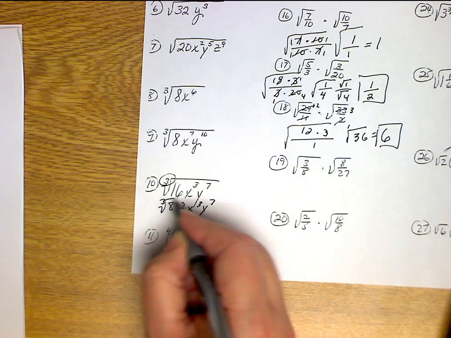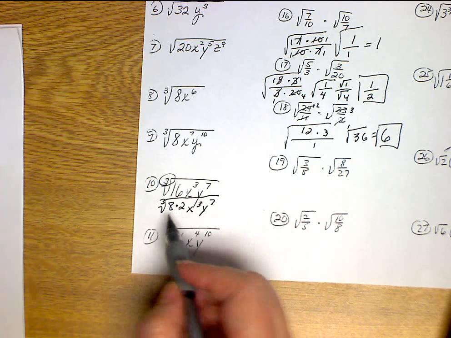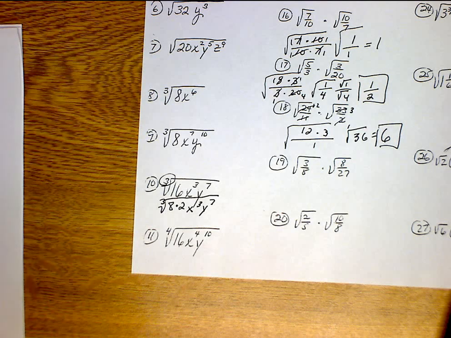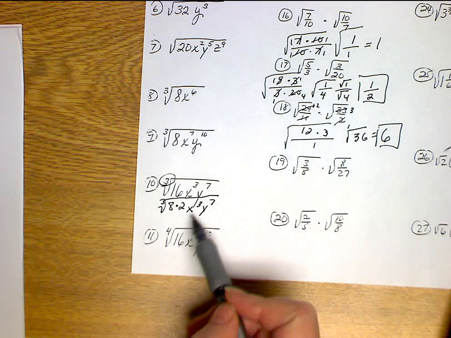Let's finish this one out first, unless there's a question on that. If it's x cubed and y to the 7th and there's no perfect square that goes into it, does it just stay in the radical? Yes.